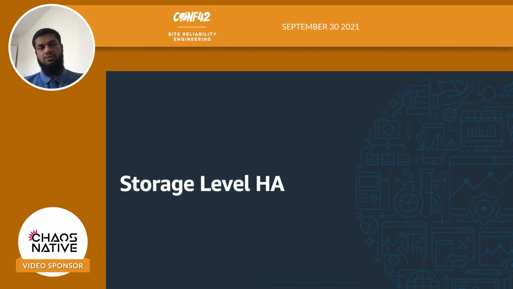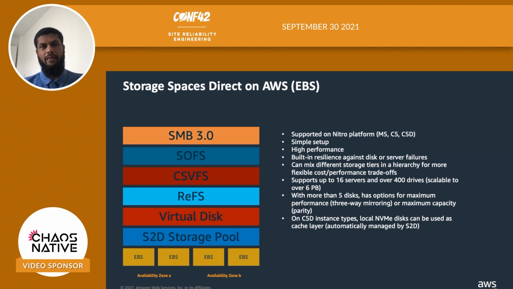There's another way we can achieve SQL Server high availability, using storage level options. Storage Spaces Direct, S2D, is another Windows technology that allows you to build and deploy software-defined NAS across multiple instances as a converged or hyper-converged model. You can have the SQL Server instance and S2D together, or S2D and SQL Server on different instances.